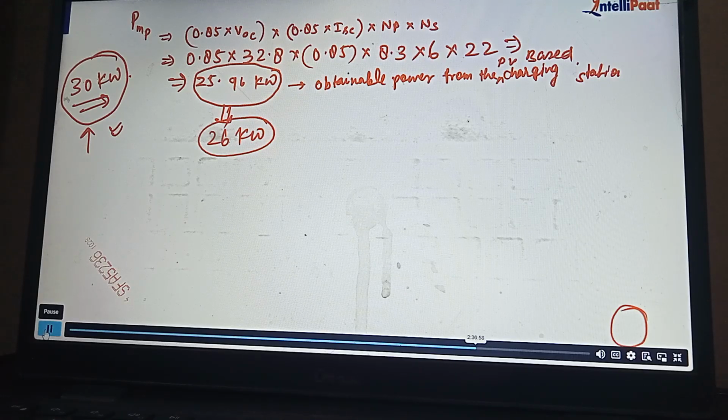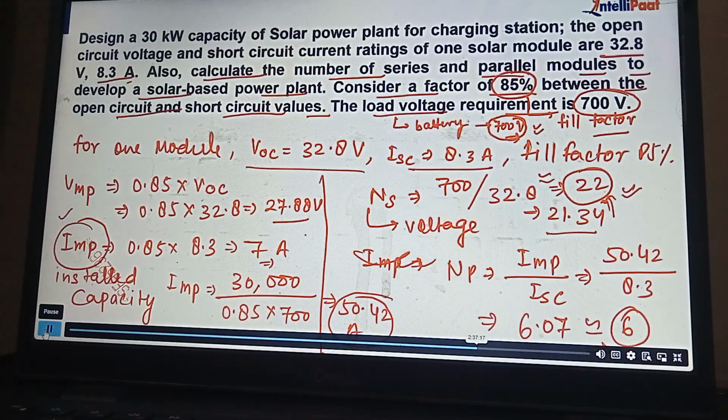Suppose I have given some data and I'm asking you to design a solar plant. This way we will design. Can you go back to the previous slide? IMP is 30,000 divided by 0.85 into 700. What is the formula? Power is equal to VMP into IMP.